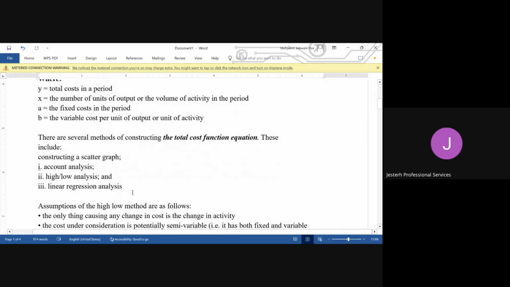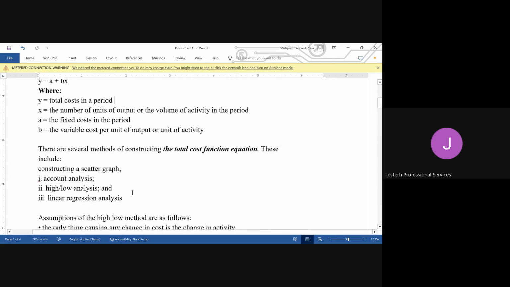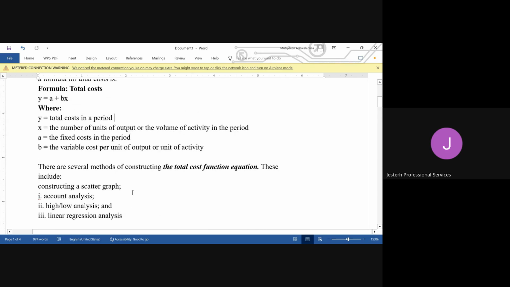Now, there are several methods that we can use for cost functions. This formula that we just discussed, we have different cost functions that we can use in separating the variable cost as well as the fixed cost.